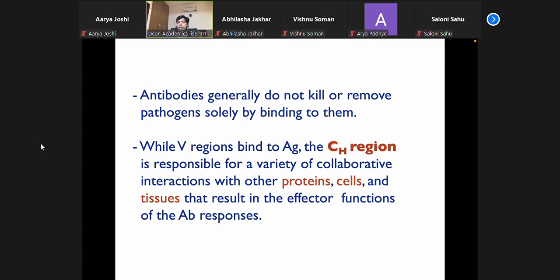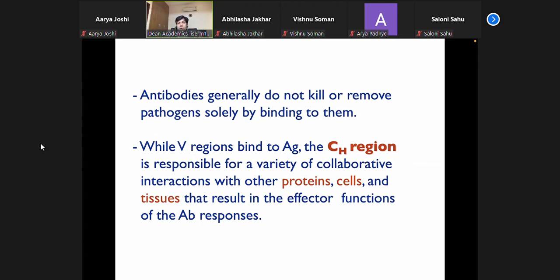But then how do they bring about these functions? Binding is one thing. You have the antigen, the antibody comes and binds to it. This is not necessarily killing this pathogen or cancerous antigen just by binding to it, right?